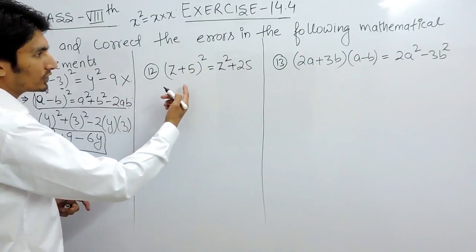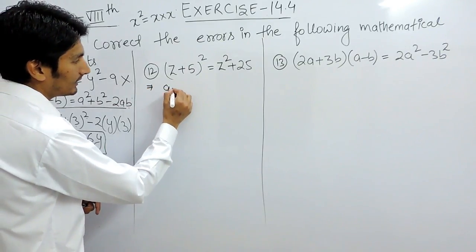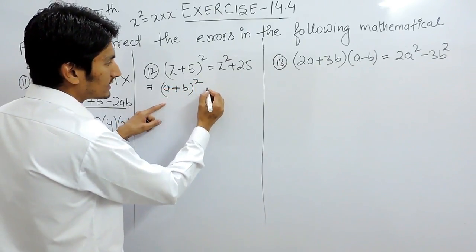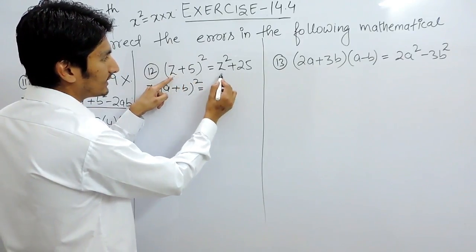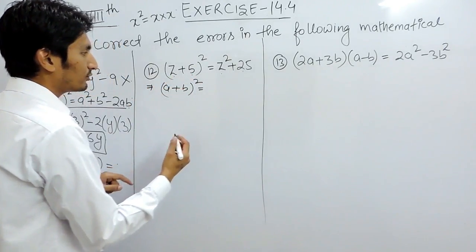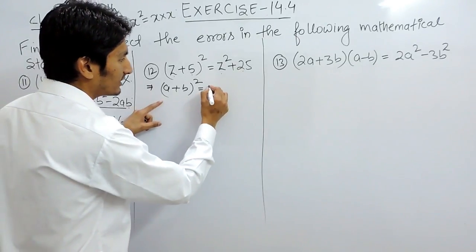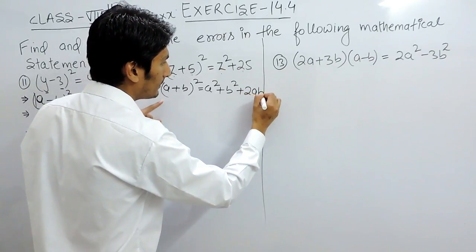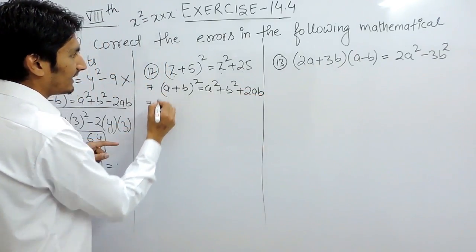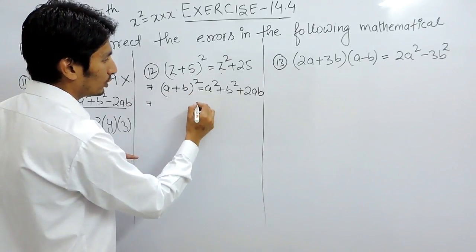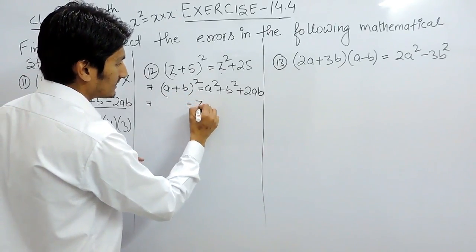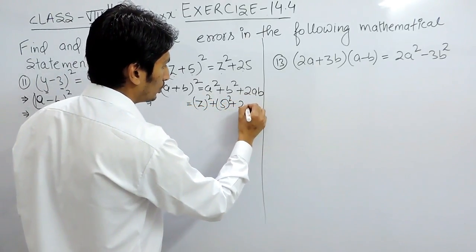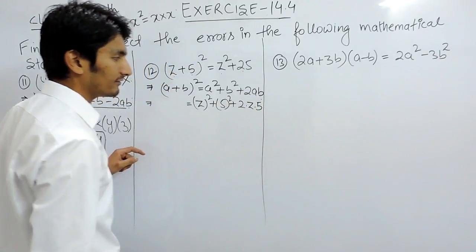Similarly, in the next question, this is (a plus b) whole square, and you can't solve it by directly squaring this and this. Instead you have to expand it using the formula a square plus b square plus 2ab, where a is z and b is 5. So (z plus 5) whole square can be written as z square plus 5 square plus 2 into z into 5.